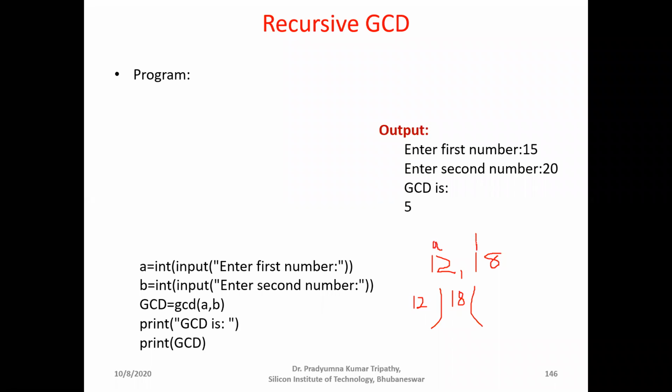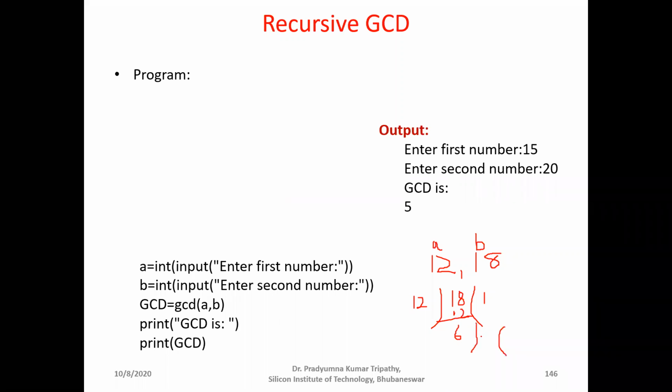This is A and this is B, right? So I divide A with B, and this returns 6. Now I compare this 6 with 12. So I divide 12 again, so this becomes A and that 12 becomes B.